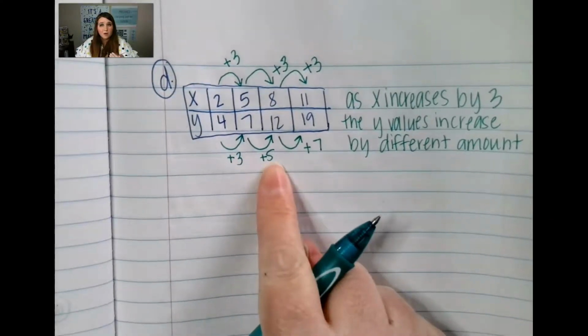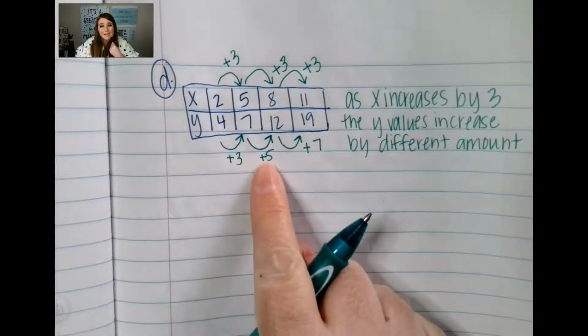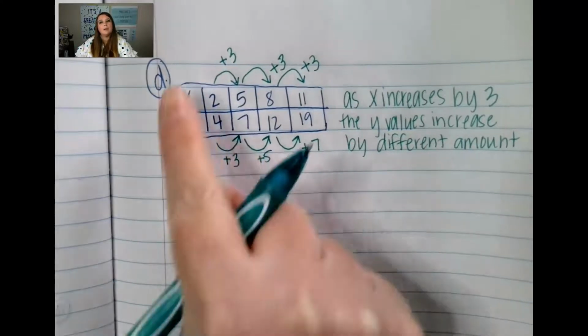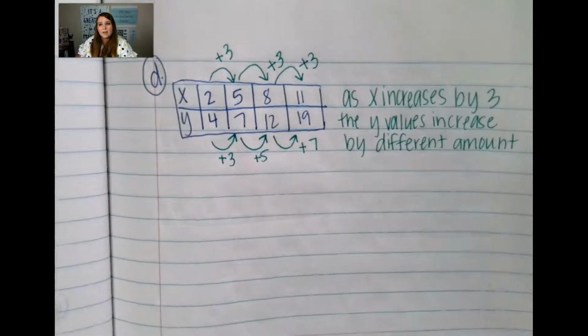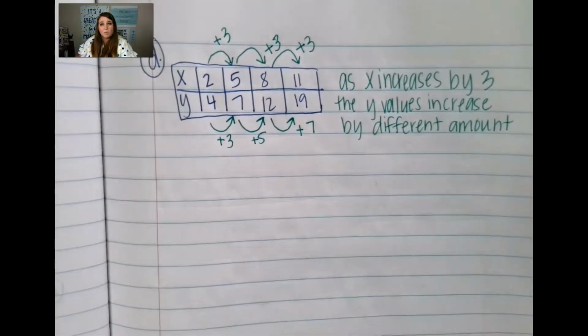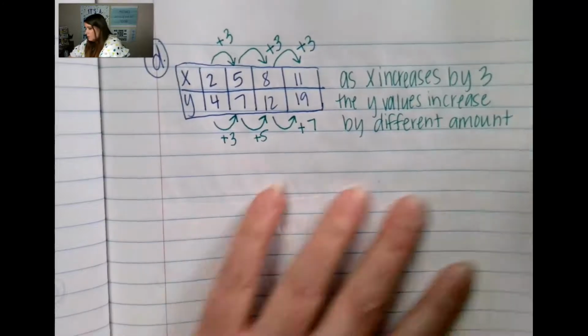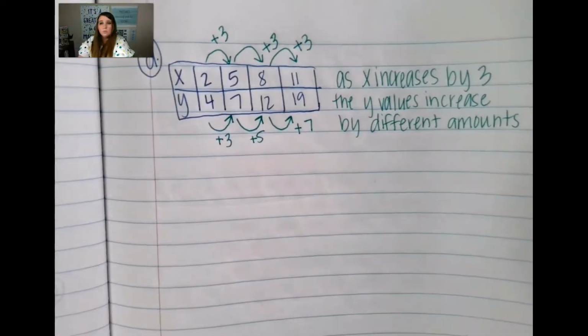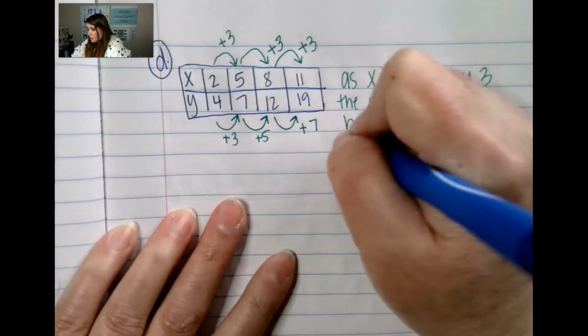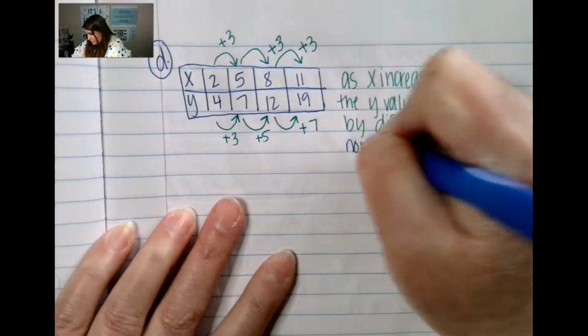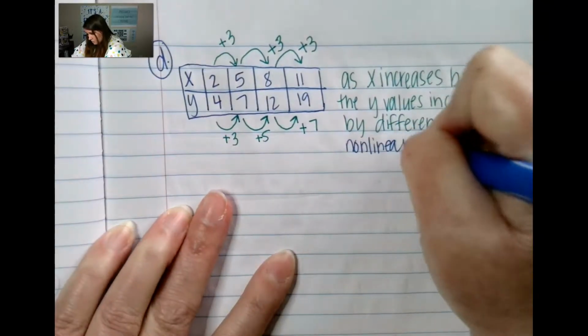It's not a constant number that's the same every single time, like on the x. So as x increases by 3, y is actually increasing by different amounts. So this does not work. So the y values increase by different amounts. So this one shows a non-linear function.